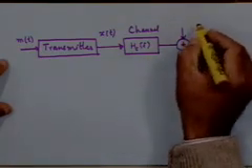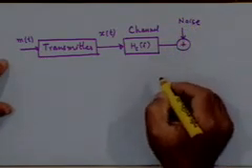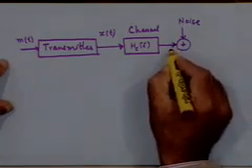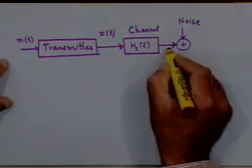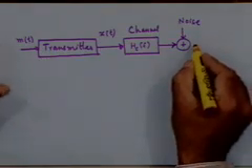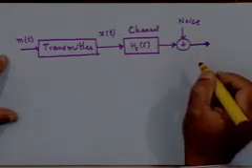This block here is essentially an adder which adds some noise of an appropriate kind to the output of the channel, and that's what you receive at the receiver.